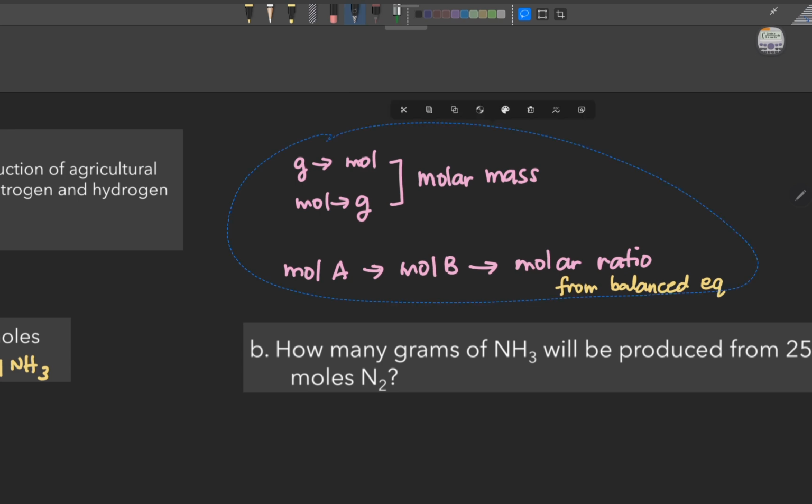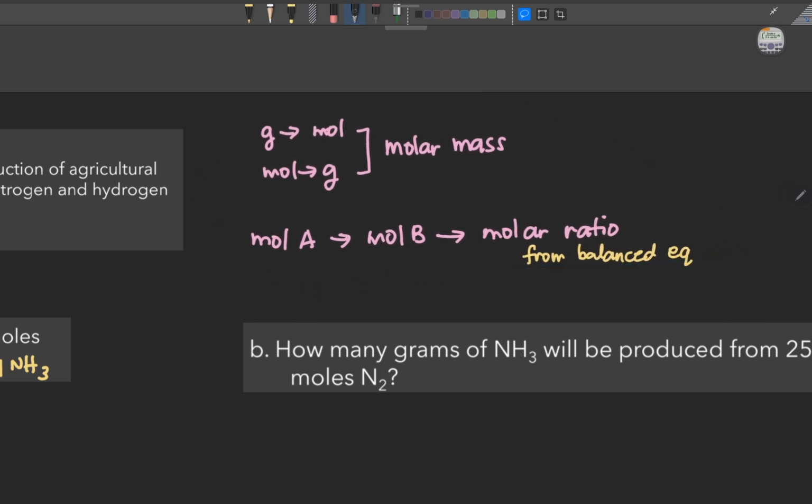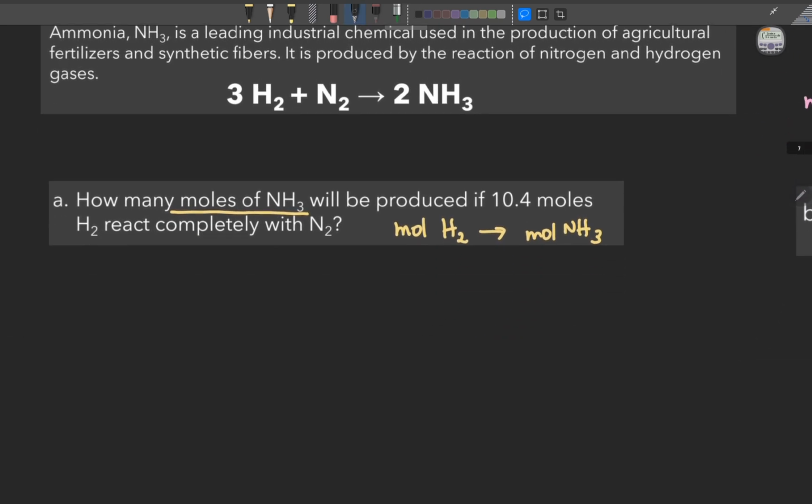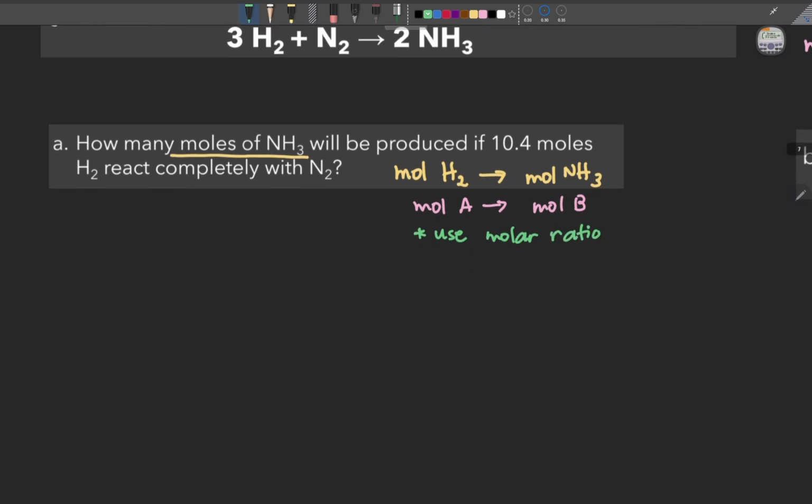Let's show that. This one is a conversion of mole of A to mole of B, so we'll be using the molar ratio. You write first the given, which is 10.4 mole of H2.